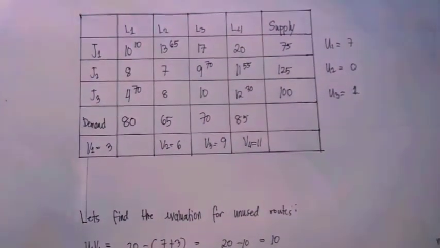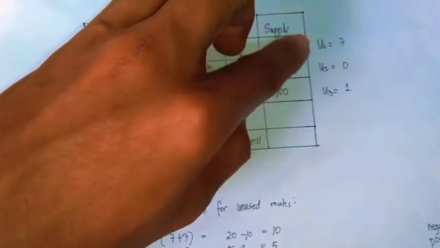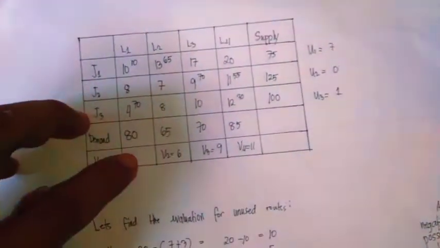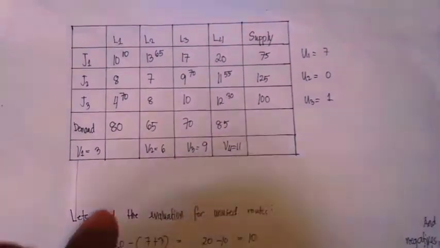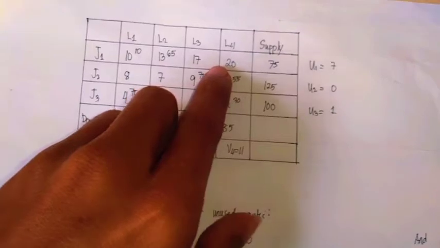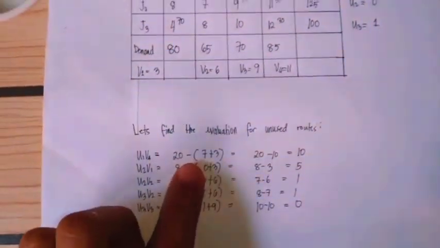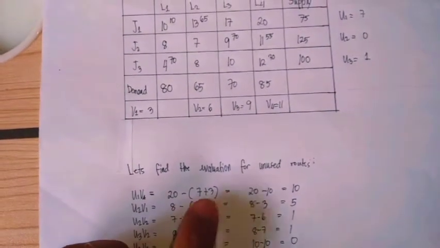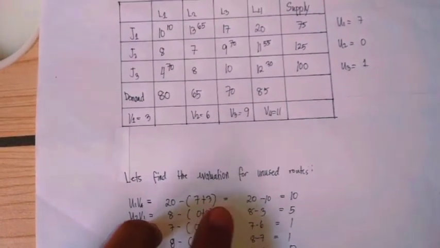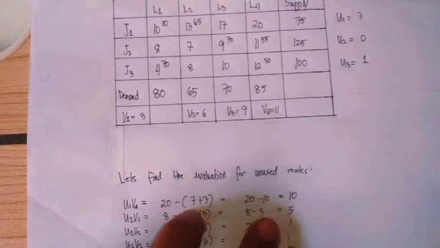For U1 and V4, the unused route is 20. So 20 minus the sum of U1 plus V4, 7 plus 3, is equal to 20 minus 10.